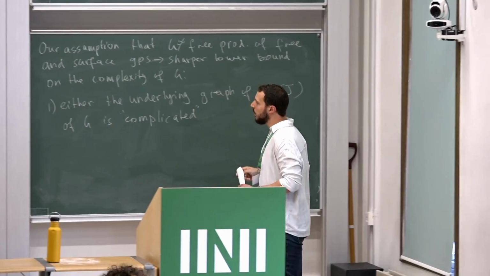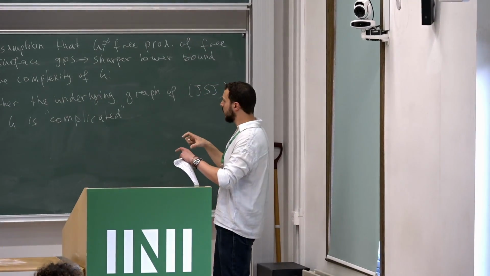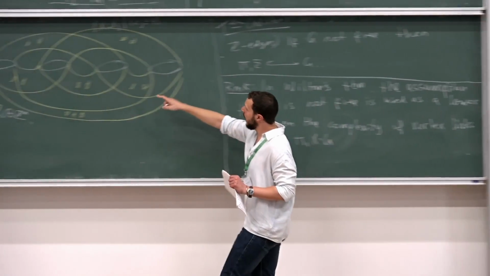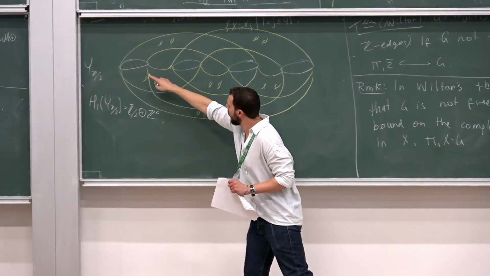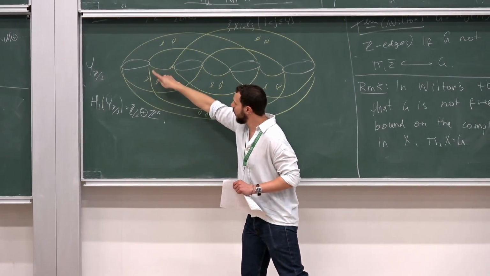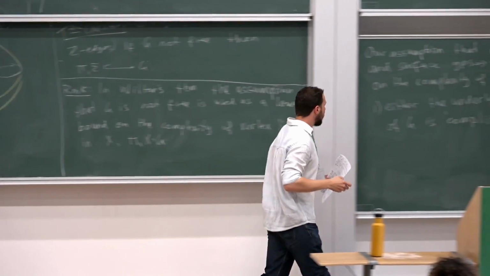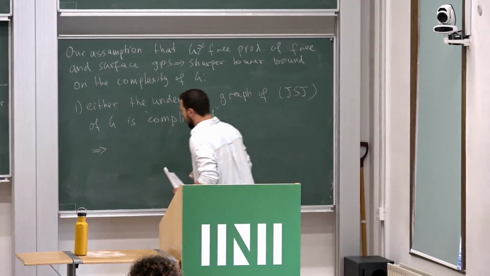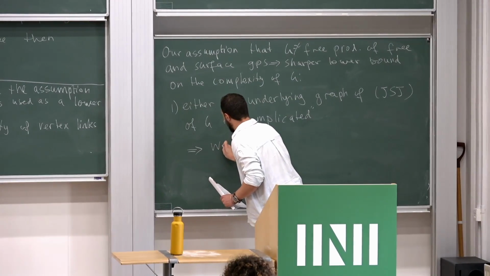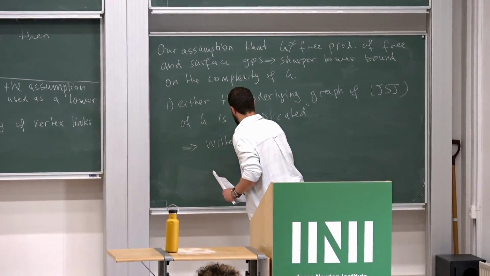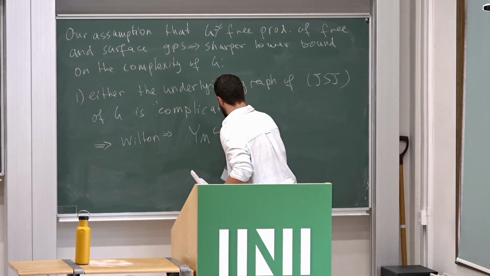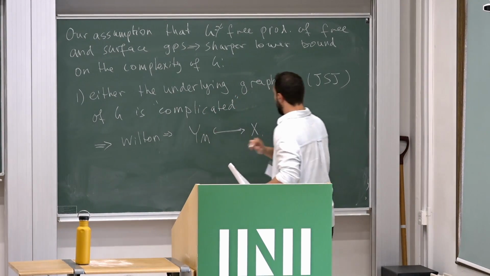What I mean by complicated here is that there are three edge groups that are identified together, which gives us this branching behavior that we can see in each of these boundaries, where three different surfaces meet together. And so this gives us, straight away using Wilton's theorem, an immersion of Ym into X.